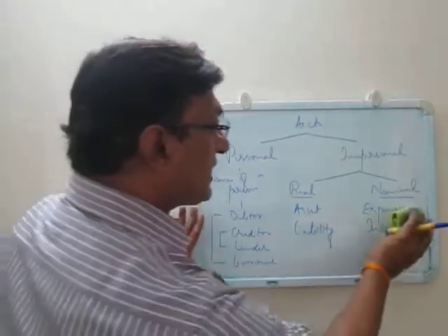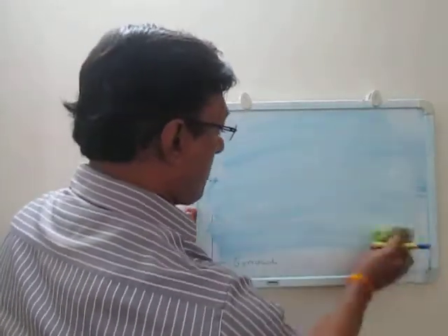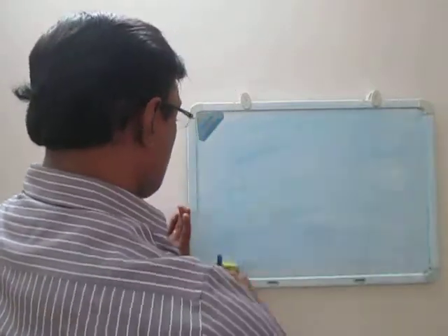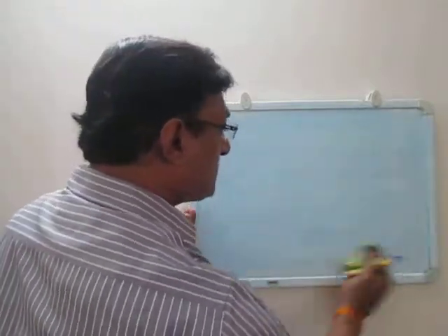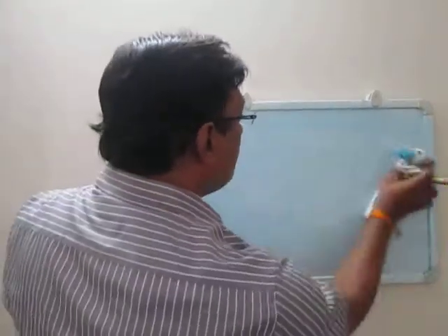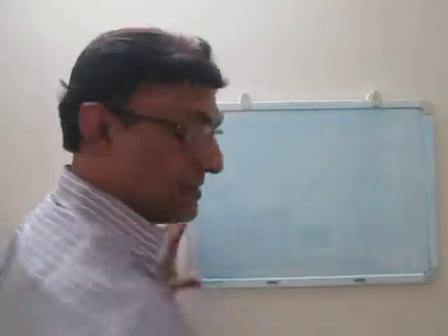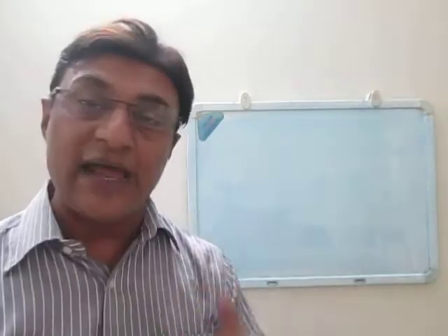Let us see if we are able to identify the classification when I give you certain accounts. I will make up certain accounts which are thrown up in a business transaction, and let us see if we can give it the correct classification into personal, real or nominal, as the case may be.